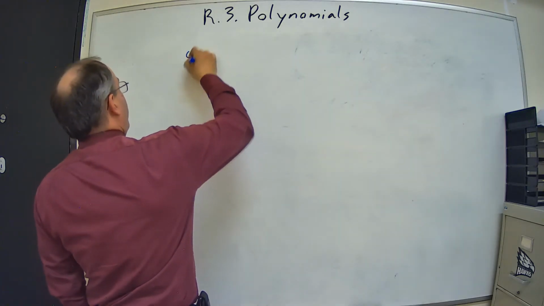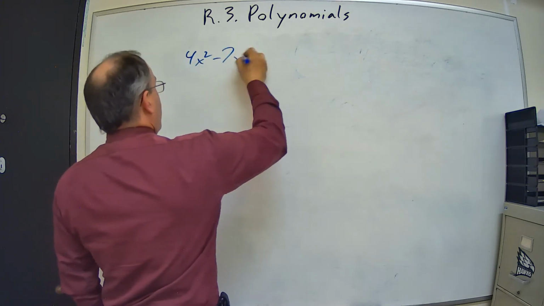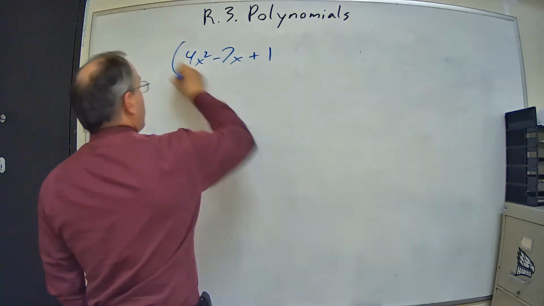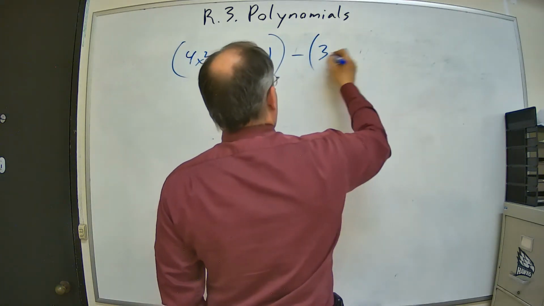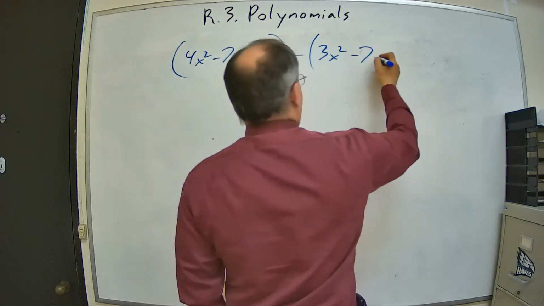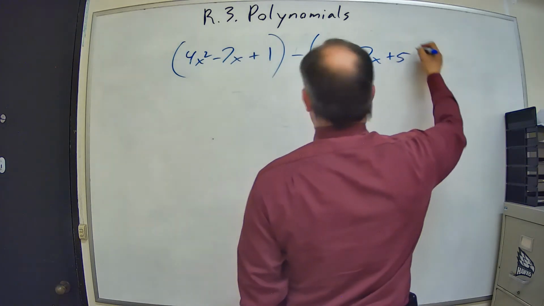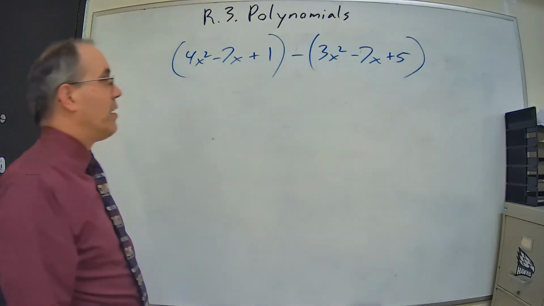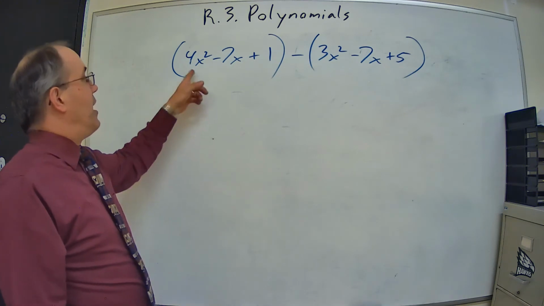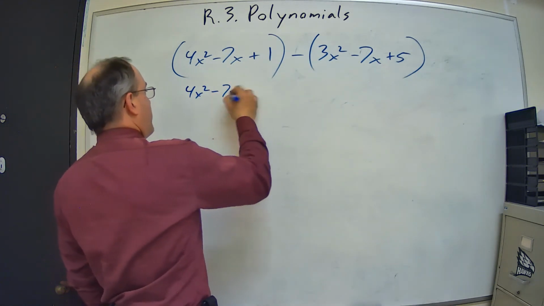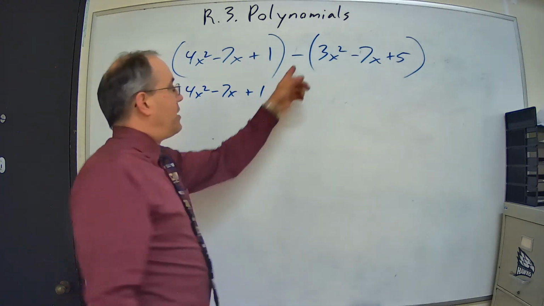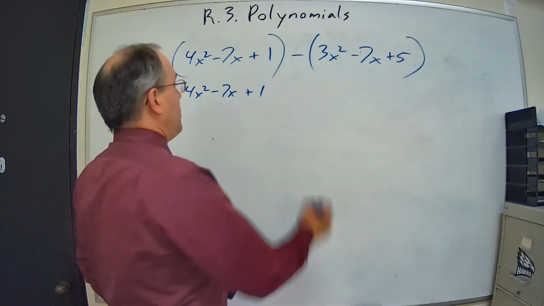So what if I have (4x squared minus 7x plus 1) minus (3x squared minus 7x plus 5)? Okay, so again, this can just be taken out of the parentheses, 4x squared minus 7x plus 1. I need to distribute through that minus sign.